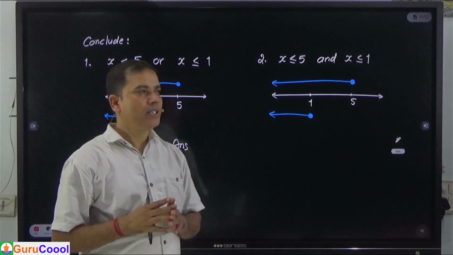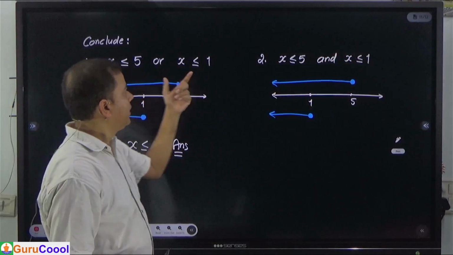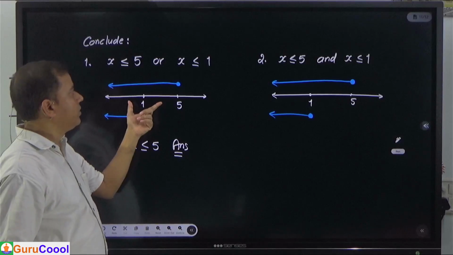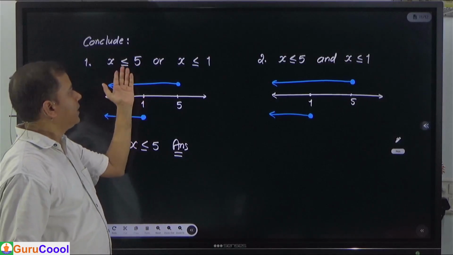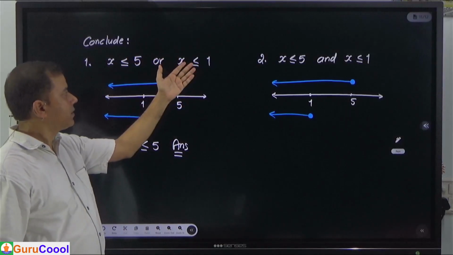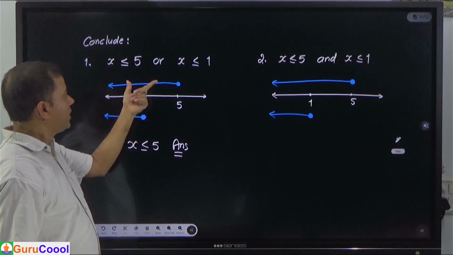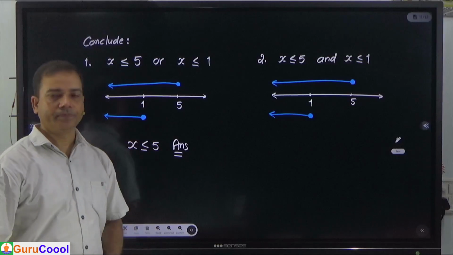So choose a region which is satisfying this and this both. Here, with "or", we chose a region which is satisfying either this or this.